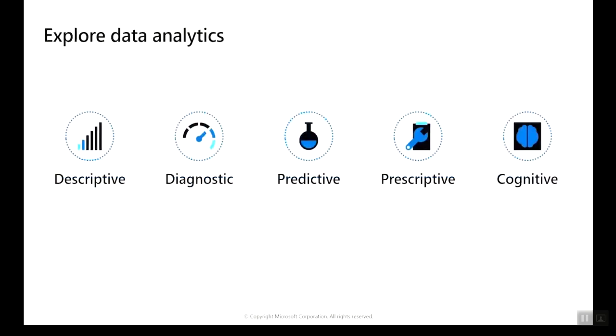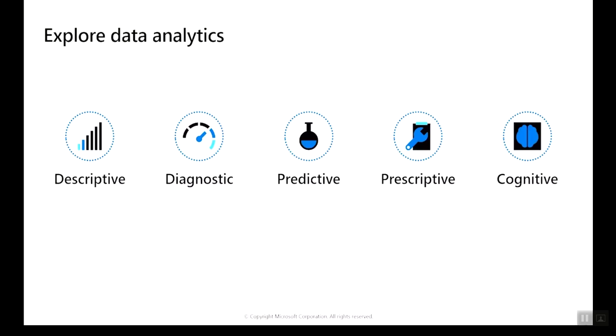Now, just to wrap up on data analytics, data analytics is really about examining, transforming, and arranging data so that you can study it and extract useful information out of your data. You can often categorize data analytics as descriptive, diagnostic, predictive, prescriptive, and cognitive. Descriptive analytics is all about asking and answering questions like, what is happening in my business?